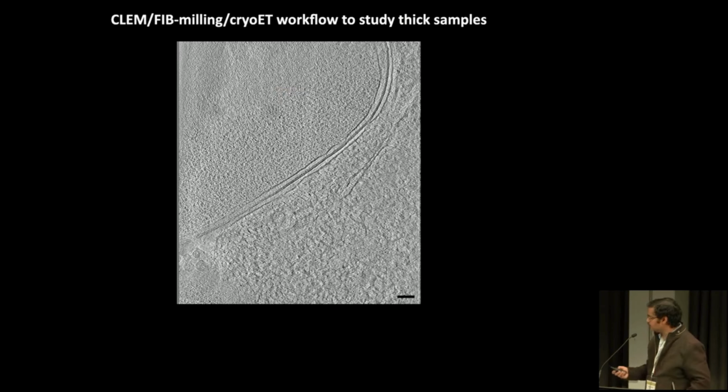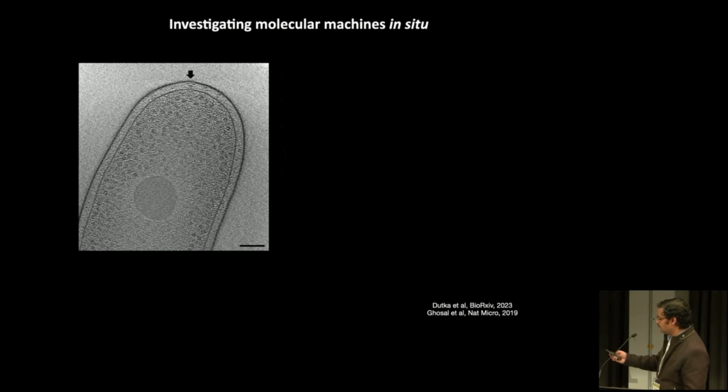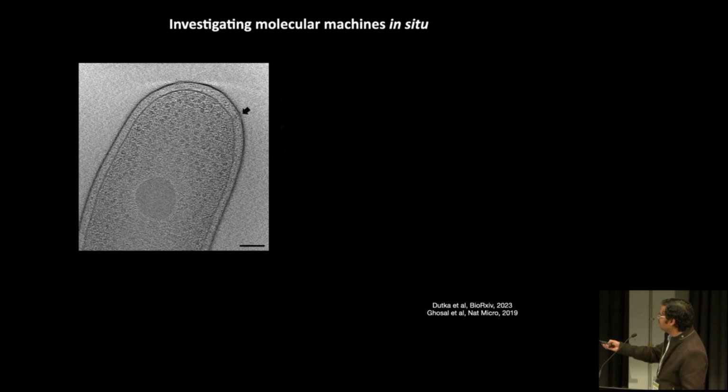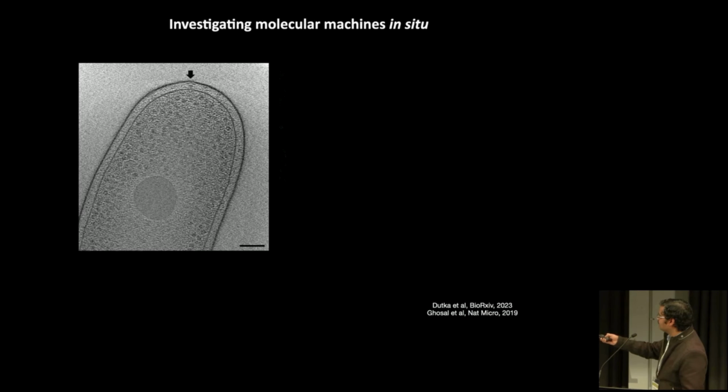So with these methods, we decided to study DPANN archaeal cells, and again, to demonstrate further what we can do with these particular methods, we're showing bacterial secretion systems that we can see in these tomograms.